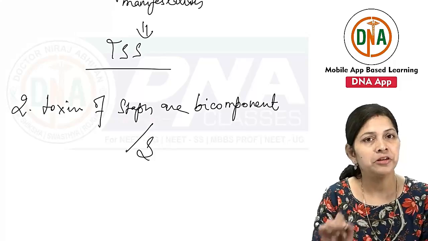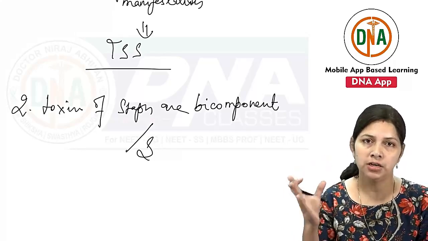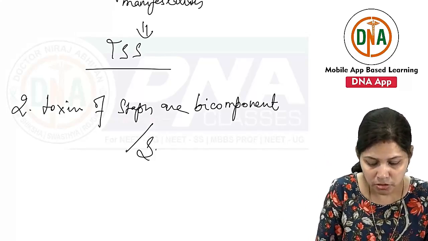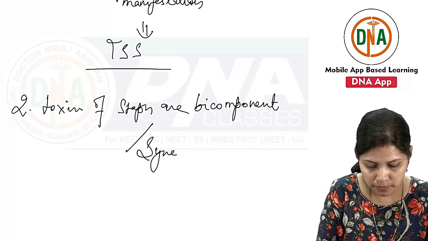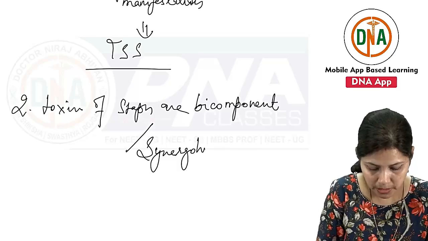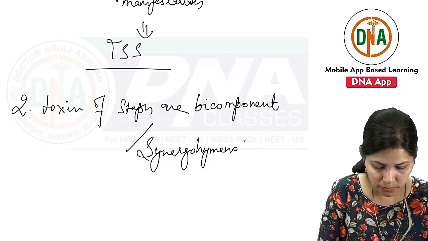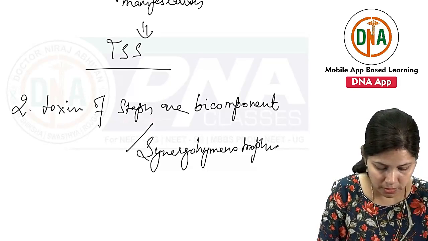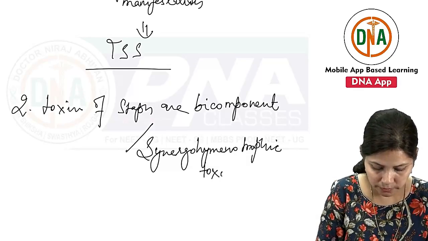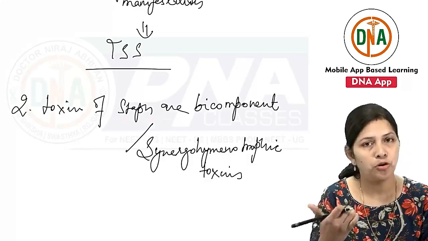And it is a very frequently asked question as far as staph is concerned. So synergohymenotropic toxins, which are made up of two components.